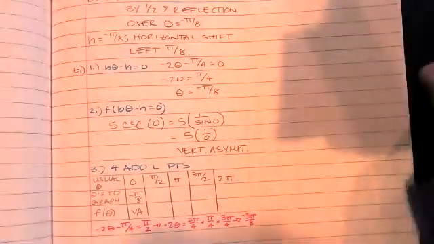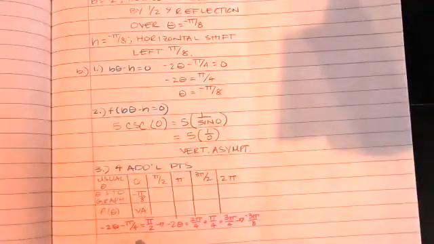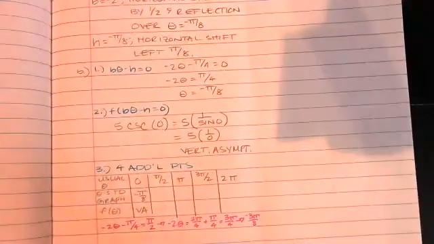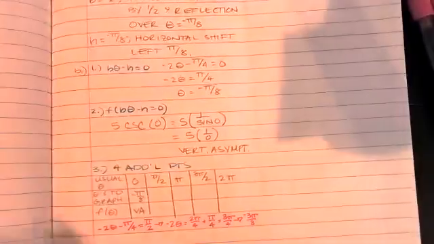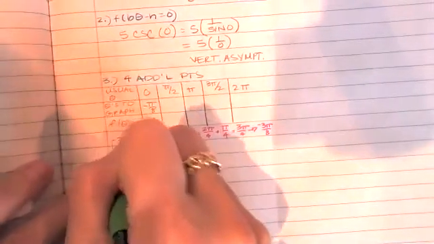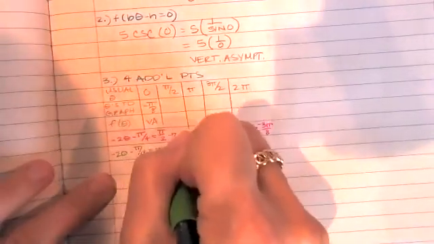Okay. All right, so we came up for pi over 2. We've got -3 pi over 8. Let's switch this up. So we've got -2 theta minus pi over 4 equals pi.